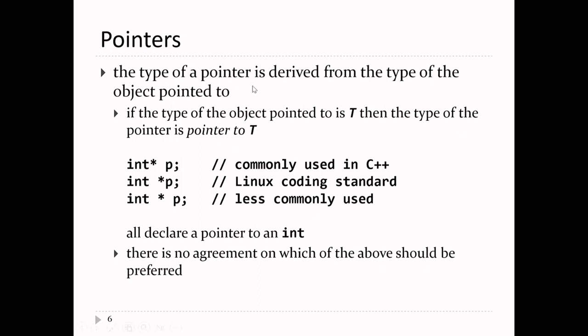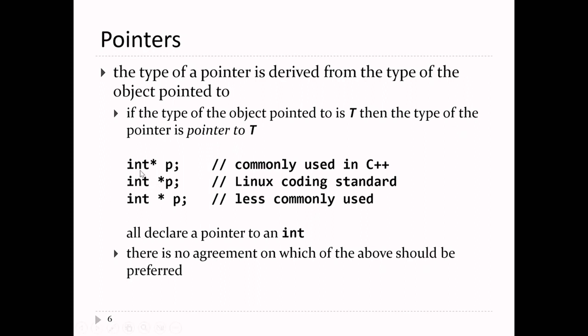The type of a pointer is derived from the type of the object that you're pointing at. So if the type of the object pointed to is t, then the type of the pointer is pointer to t. If I have an int, then the type of a pointer to that int is pointer to int.